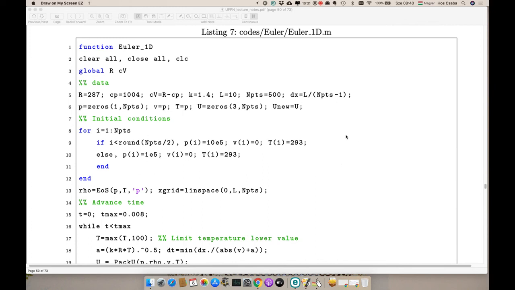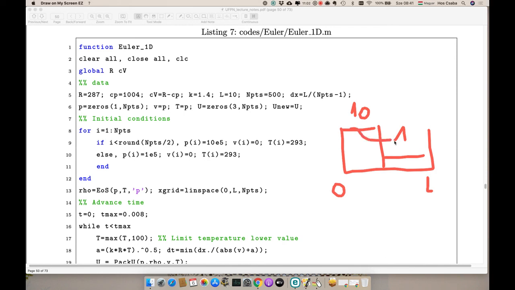So essentially this means that in your pipe you have a membrane, and the pressure before and after, so this is 10 bars, this is 1 bar, and then you suddenly puncture this membrane, and then you will have an expansion wave coming in this direction and the shock wave going in this direction.